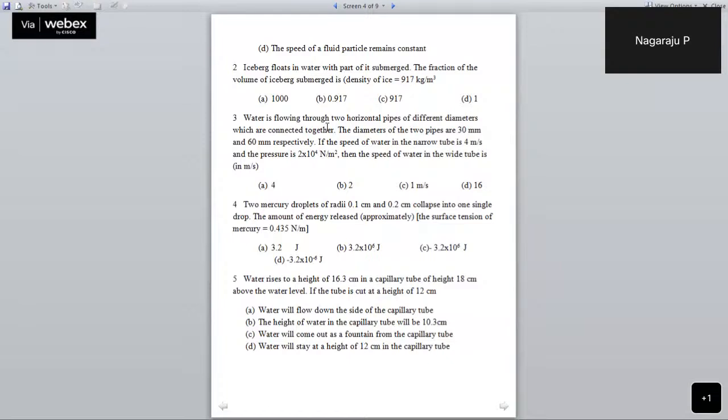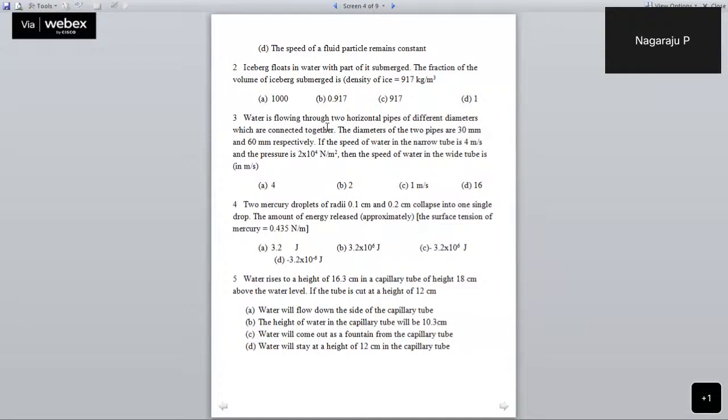So if you have the pen and paper, just write A1 V1 is equal to A2 V2. Then V2, which is what we want to find out, the velocity in the wider tube, is A1 V1 over A2. But what is the area? Remember, it is a circular tube. The diameters are given, and you have to write the area of cross section, which is nothing but pi r square. For A1 we write pi r1 square, and for A2 we write pi r2 square.